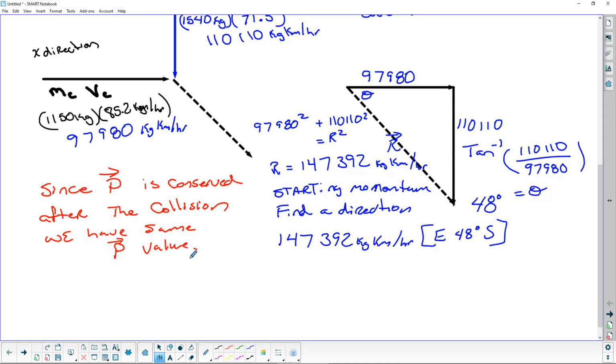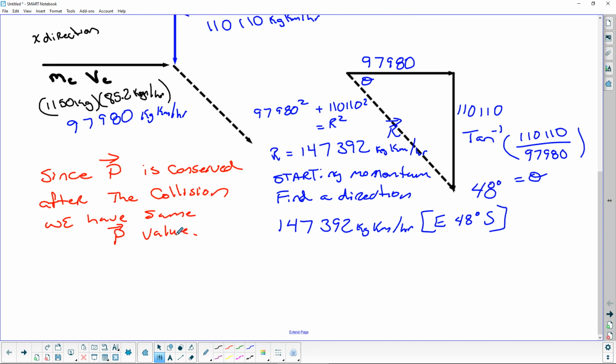We can use this number, and then we can calculate its velocity because we know that the wreck is stuck together, so we can combine the mass. So the final momentum is going to equal the mass of the wreck times the velocity of the wreck.